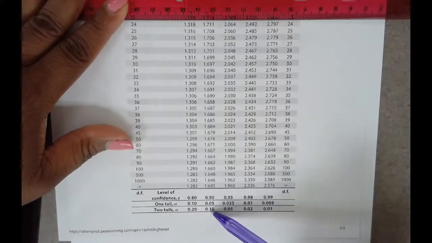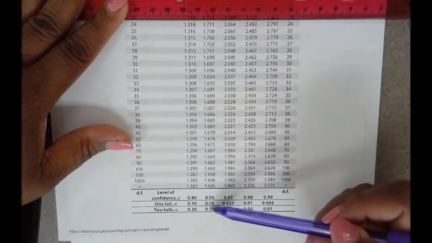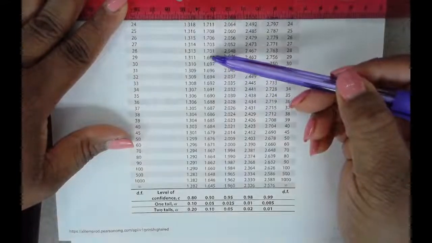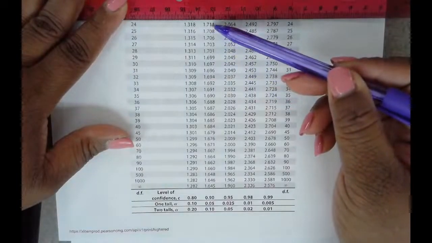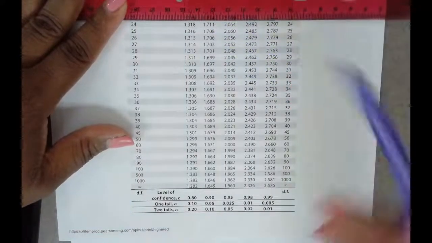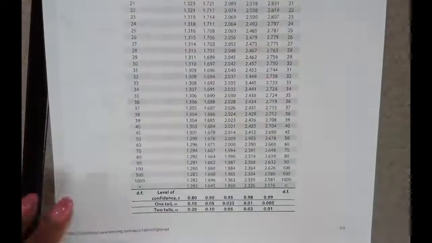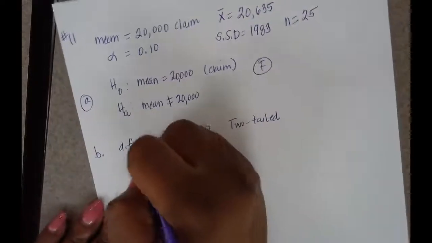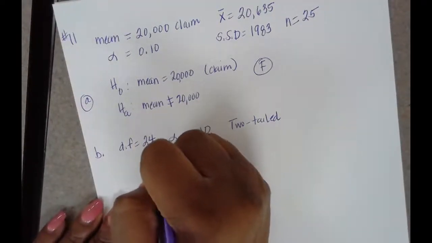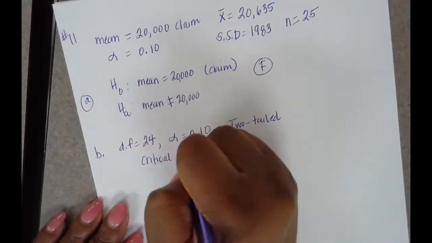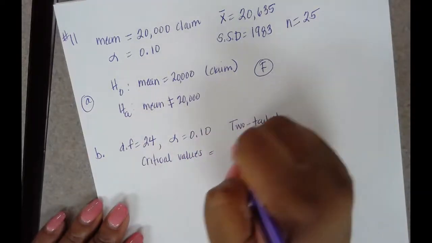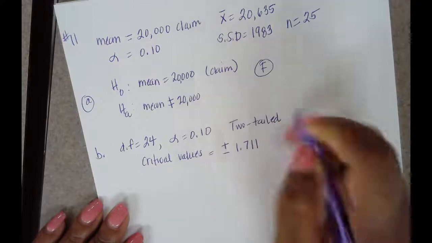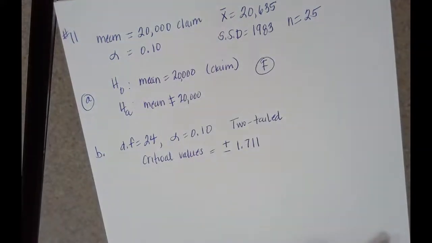So I move here, and I go up to that value, 1.711. I remembered that because it is 2 tailed, I have to use the plus and minus symbol. So my critical values are plus or minus 1.711.